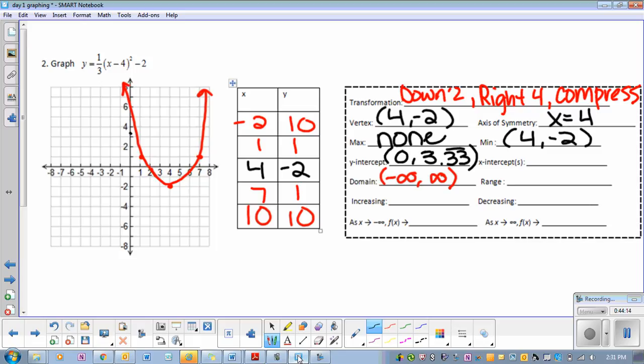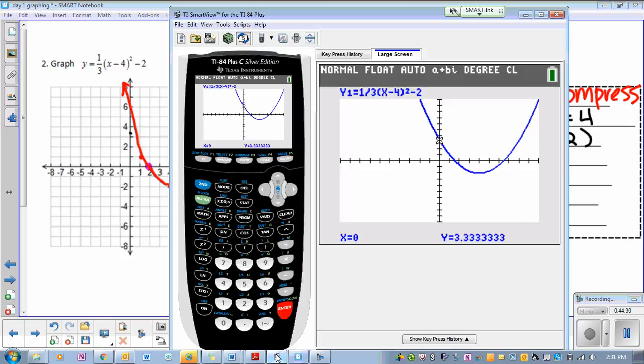Alright, so what about my x-intercepts? Ooh, the zeros. Fun. I have a 0 here, I have a 0 there. Let's use blinking bob to get our zeros. Graph. Now, second trace, 0.